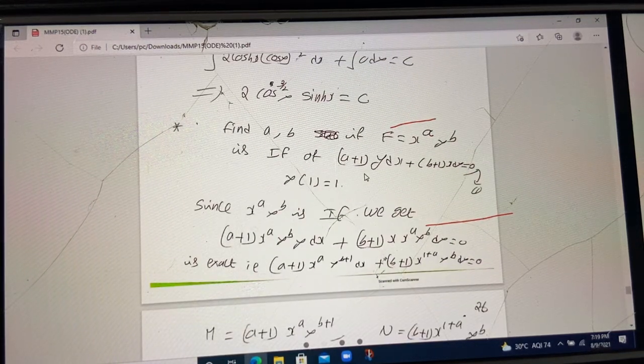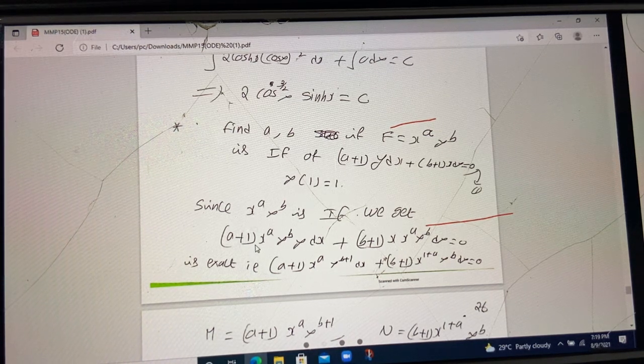In one of the entrance papers, you are given this question. Find a comma b if f equal to x power a, y power b is an integrating factor of this, and y of 1 is 1. So you are asked to find a and b such that this is an integrating factor. This is an integrating factor means if you multiply the given equation by this, it should become exact.